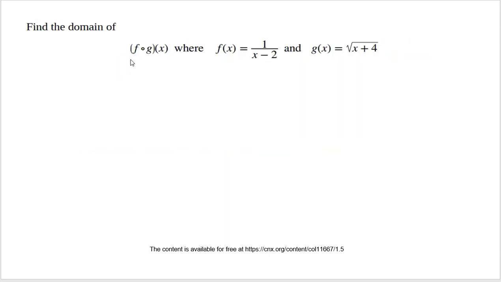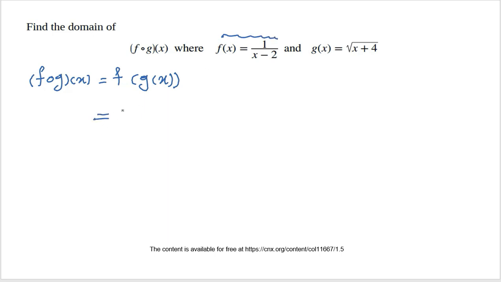Find the domain of f composed with g of x. f of x and g of x are given. So again, f composed with g of x is equal to f of g of x. So here is f of x.